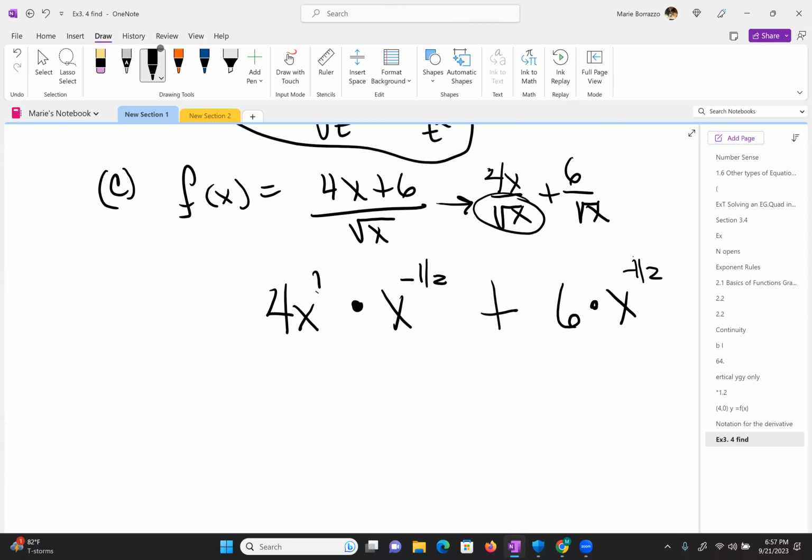If we multiply these, remember when we add the exponents, you end up with 4x to the -1/2 plus 1.